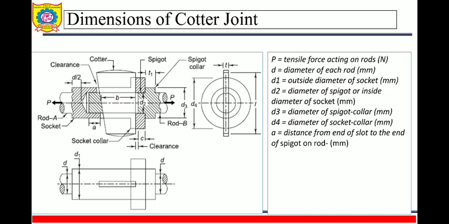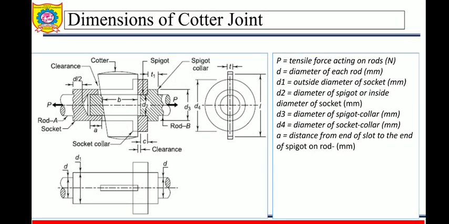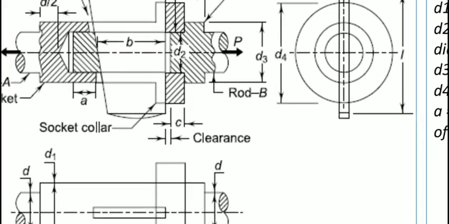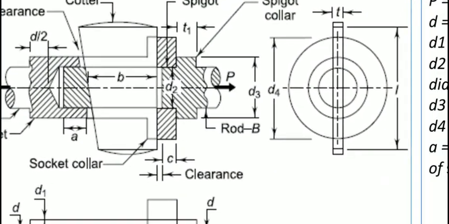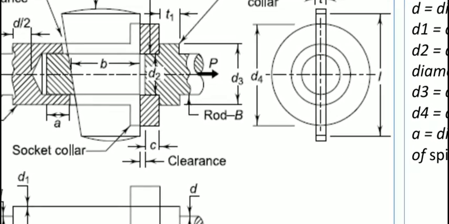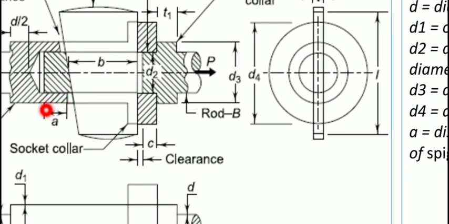Then A is the distance from the end of the slot to the end of the spigot on the rod. So where is your spigot? One can easily understand. This one is the socket. This is your distance A, where your spigot starts.